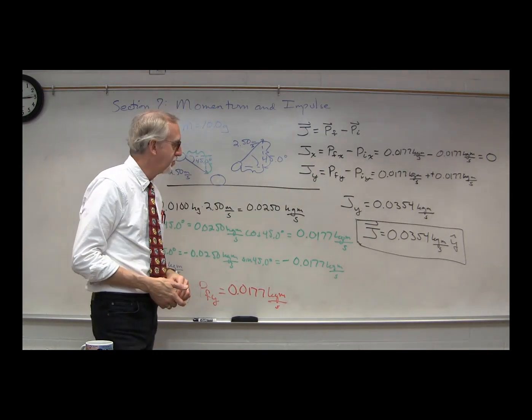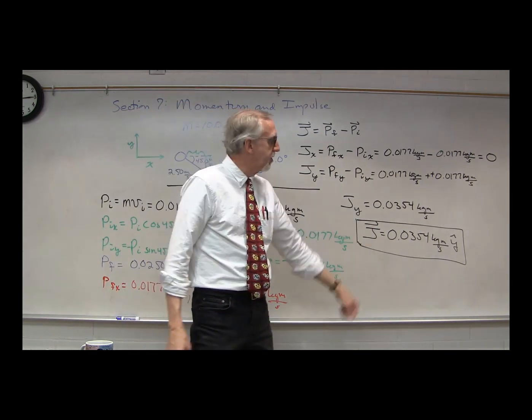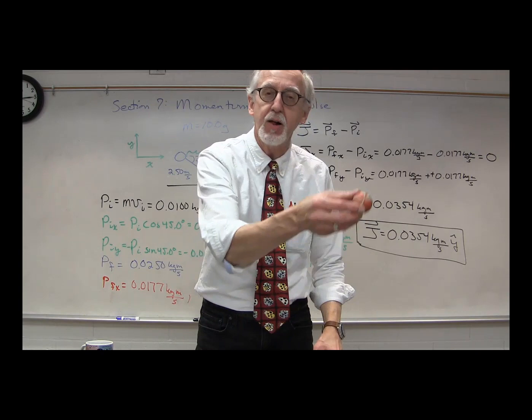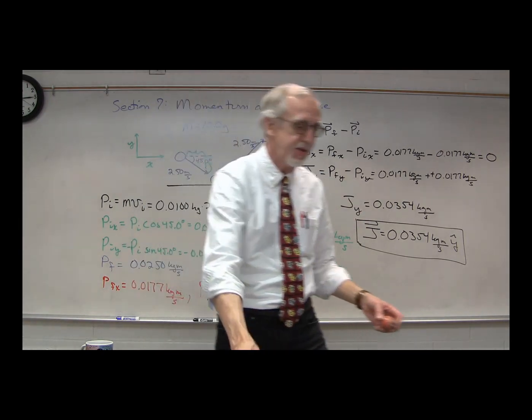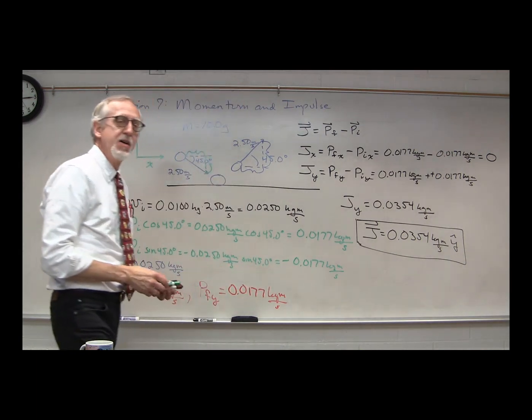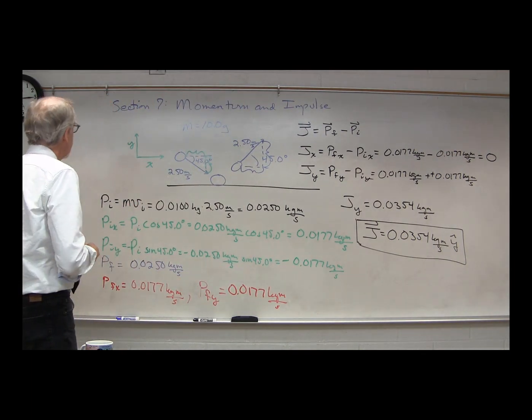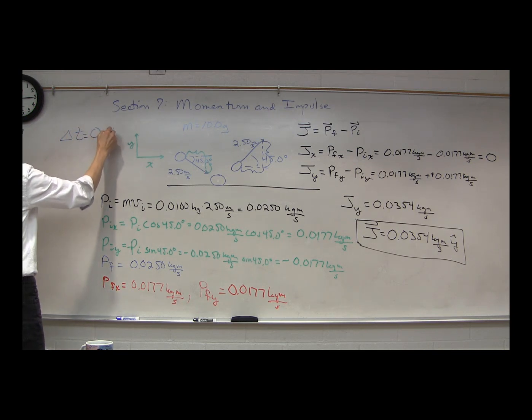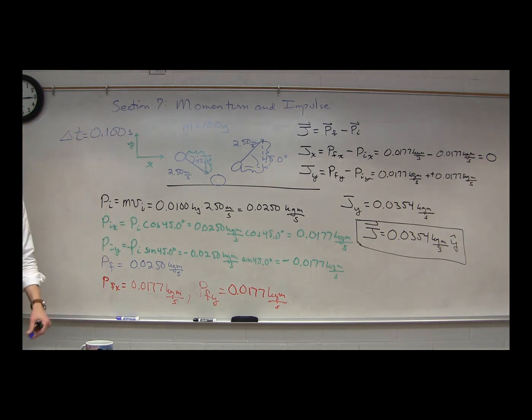We can actually figure out what the force is if we knew how much time the ball actually spent in contact with the table. We could figure out what the average force is. Let's just say that the time for that collision was, delta t is equal to maybe 1/10 of a second. Now, we know the impulse was equal to the average force times the time interval.